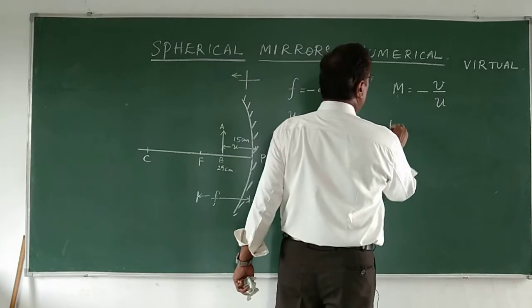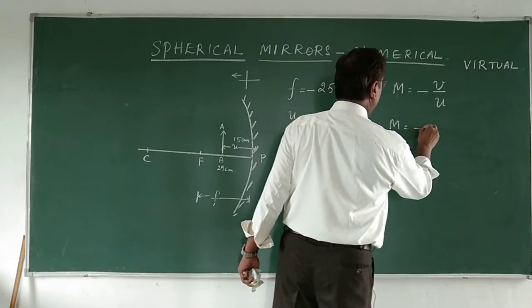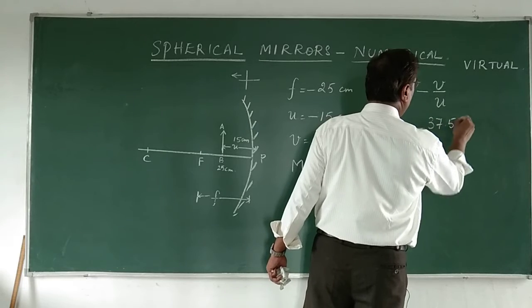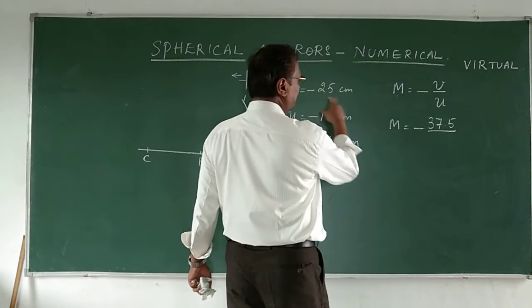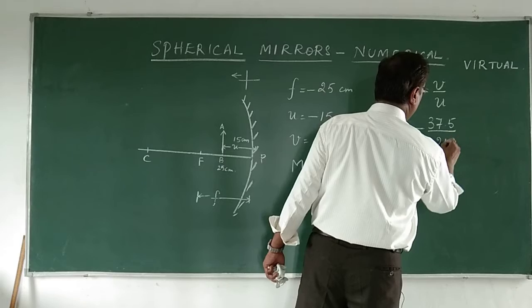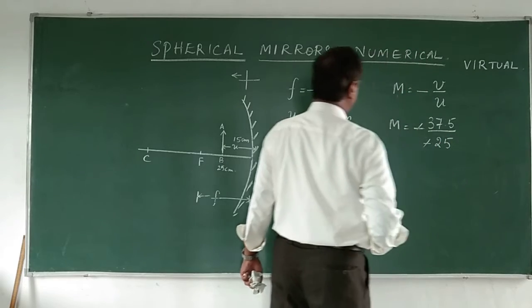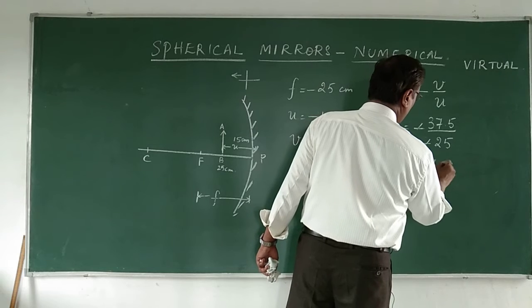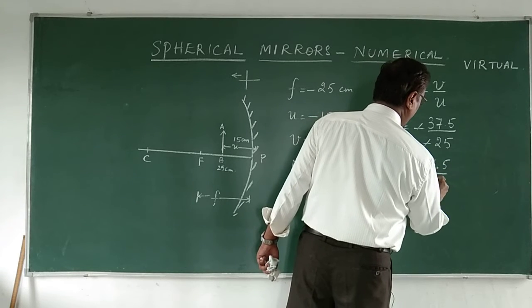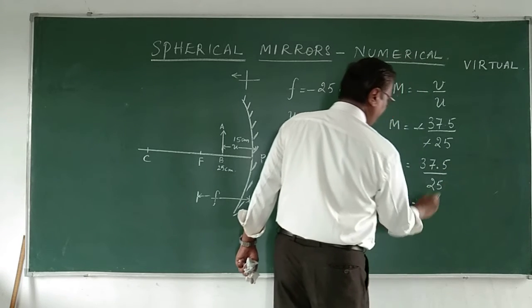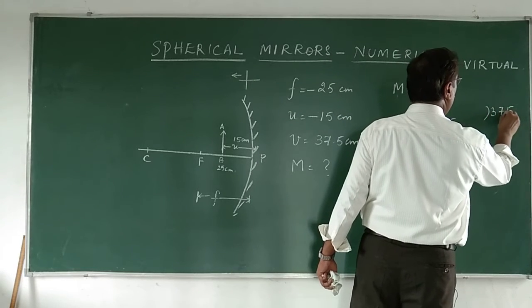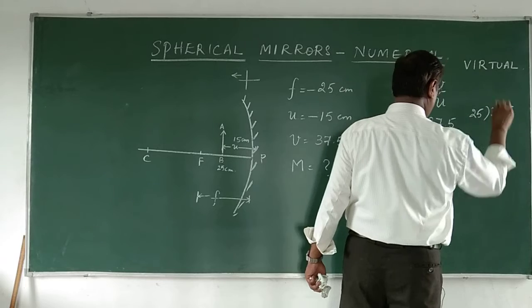Okay. So magnification is equal to minus V, which is 37.5, divided by U, which is minus 25. So minus minus gets cancelled. Okay. So you have 37.5 divided by 25. Let me divide this. 37.5 upon 25.